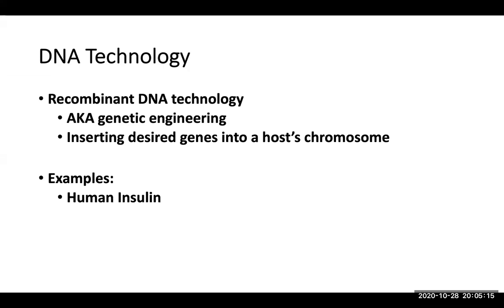It wasn't until we were able to use this DNA technology and get the human form of insulin growing, and we can now grow it in things like rabbits that are easier to work with, that we could have safe insulin for people. This recombinant DNA technology is also how we make our hepatitis B vaccines. Of course, there are more applications and uses, but those are the two most important.